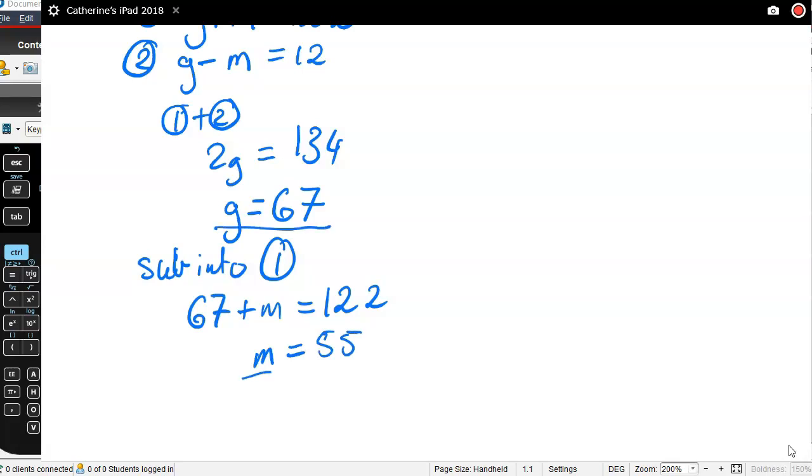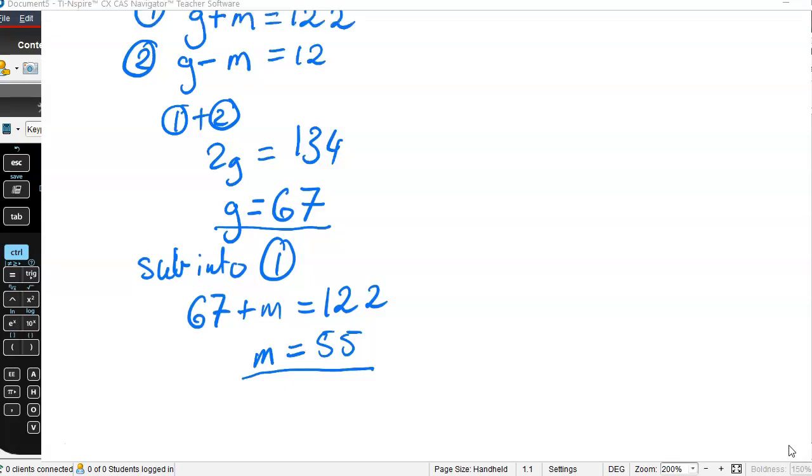Okay, and then you can do a little bit of double checking. 67 plus 55, 67 plus 50 is 117, plus 5 is 122, and the difference between those two is 12.